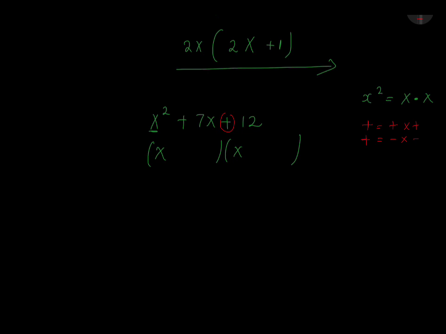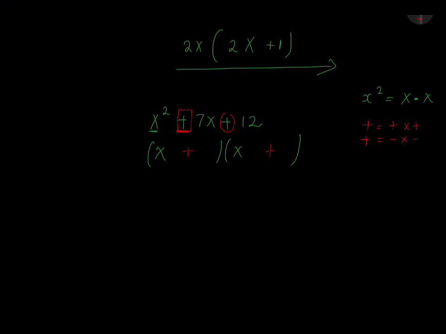The way we're gonna do this is to look at this sign, because we have a positive number here, this means that we're gonna take positive and positive, so we're gonna have positive and positive here.